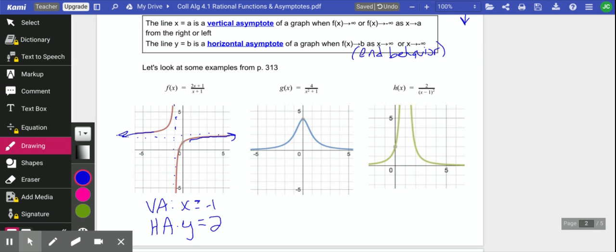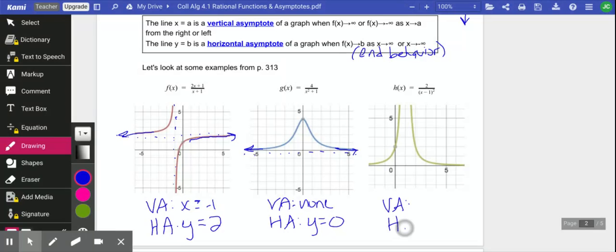All right, let's check out the next one. Vertical asymptote: it doesn't look like we have any, and not all functions do. Horizontal asymptote: as our x's get bigger and smaller, it looks like it's just approaching this line y equals 0.